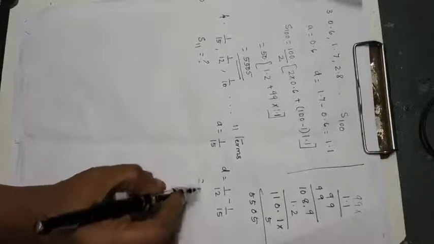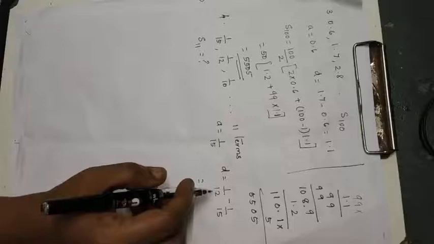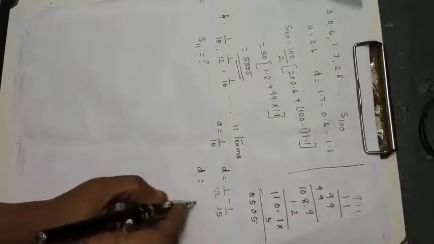So take LCM here. It will be 60, no? 12 and 15. 12 you can split as 4 into 3. Then 15 you can split as 5 into 3. 3 is common. The other will be 4 and 5. So 4 5s are 20, 20 into 3, 60. LCM will be 60.